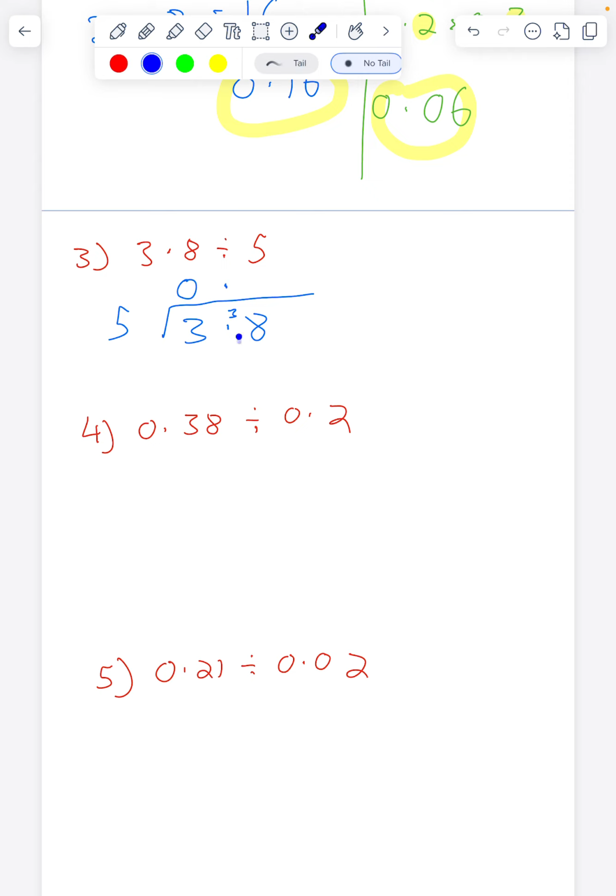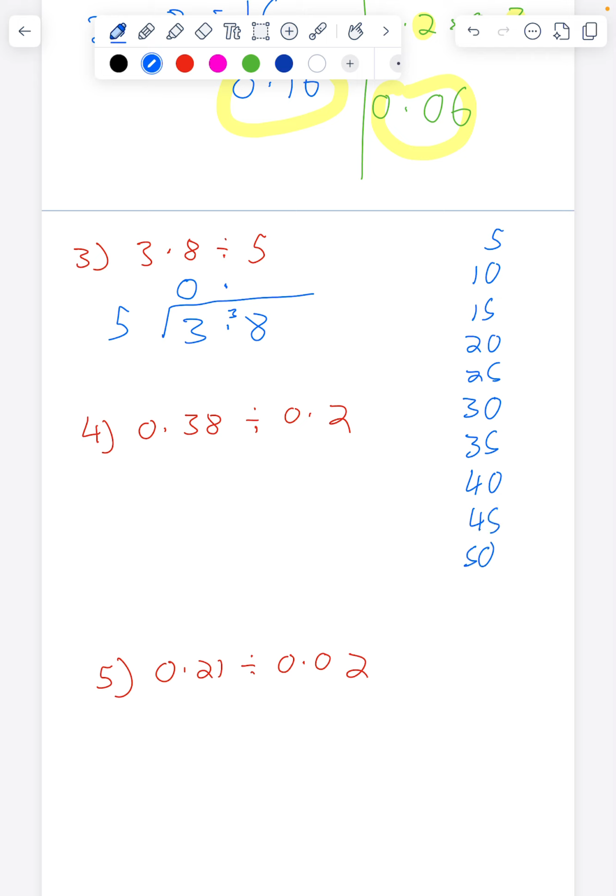Now, 5 into 38. If you're struggling with your division here, write out your times table of the number that you divide by. So write out the 5 times table. So 5, 10. And just go up to 10 times that number, and you're going to be absolutely safe with these questions. There we go. So you're saying how many 5s go into 38? How many can you fit in fully before it goes too big? Well, you can get 1, 2, 3, 4, 5, 6, 7. Gets you to 35.